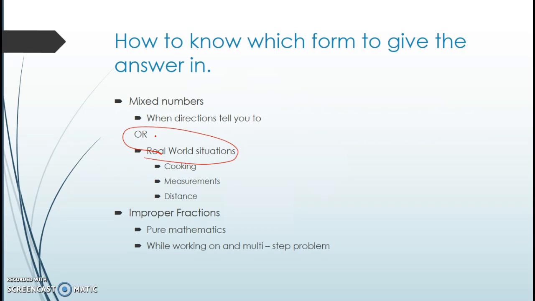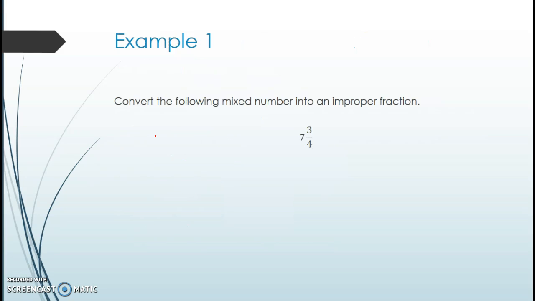We say approximately 4 miles, or 4 1/5 mile. So real-world situations, we use those mixed numbers. But if we're working pure mathematics, you're in the middle of a multi-step problem, just keep it improper. And really, again, unless it's real world, I would prefer improper fractions as your answers.